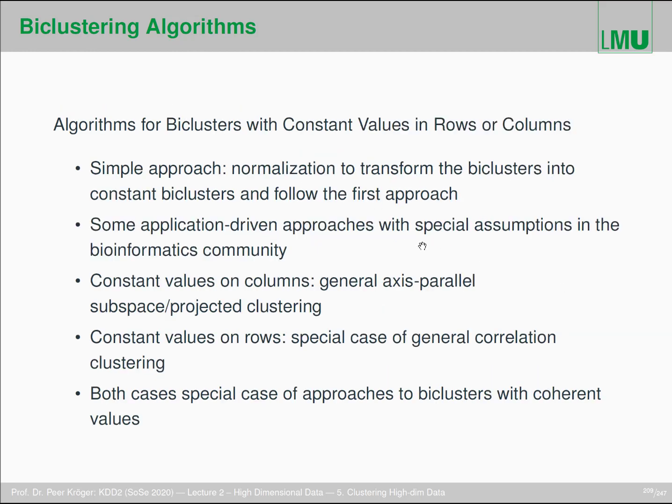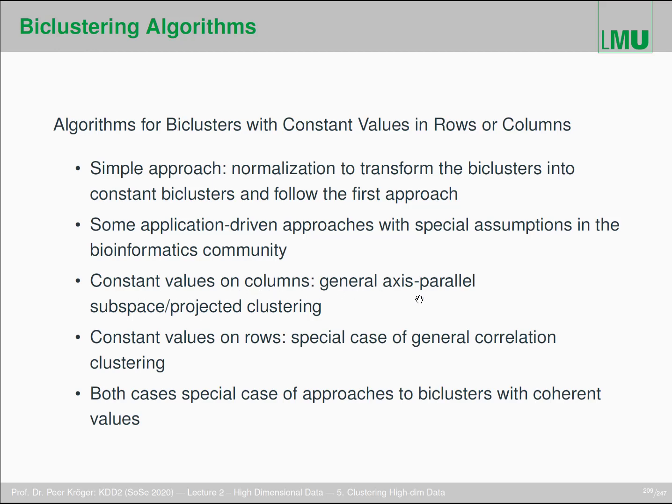Then for constant values in rows and columns, the simplest approach is a normalization to transform the bi-clusters into constant bi-clusters. You can transform both problems into the constant bi-cluster problem and then follow just the first approach. And then there are some other approaches which are basically application driven with special assumptions, for example in the bioinformatics community, that people try to use in order to find those clusters a little more efficiently.